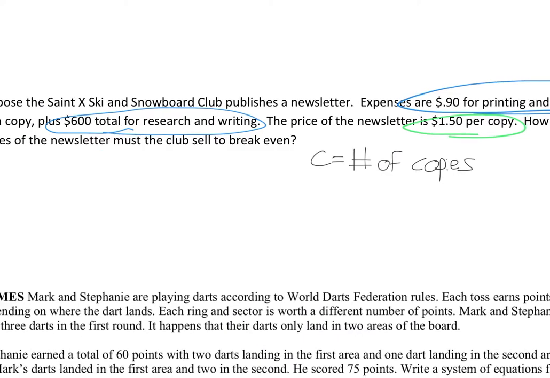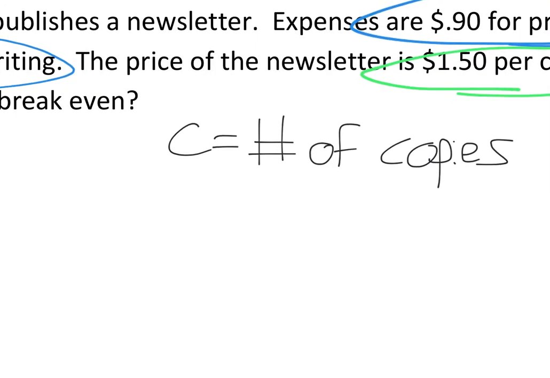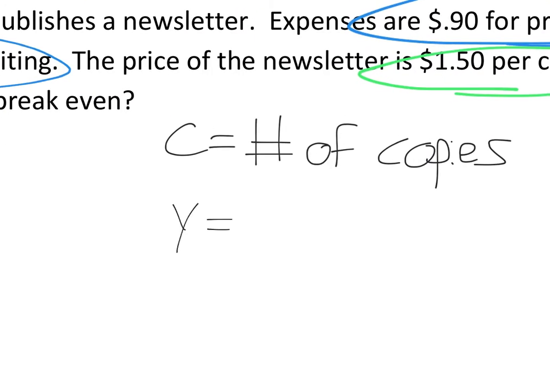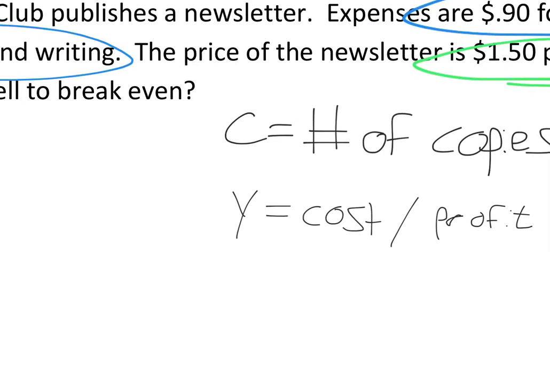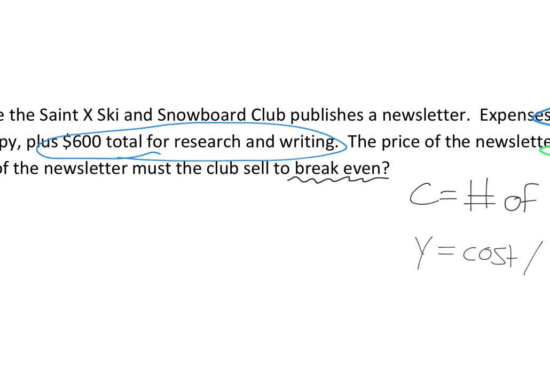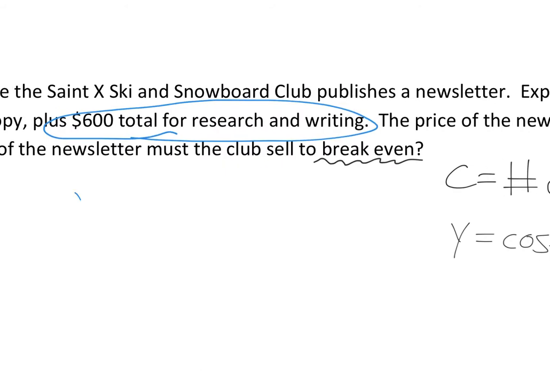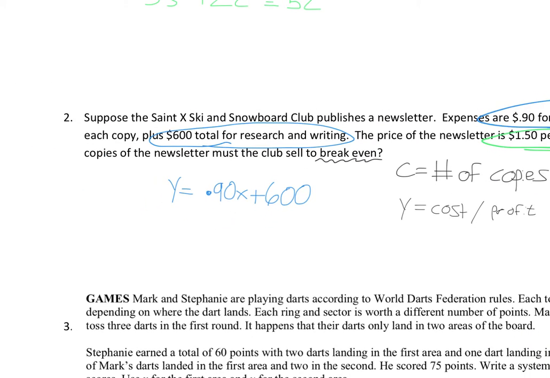Now, Y in this case is kind of just like a placeholder. So Y is kind of doing two things. Y is representing cost slash profit. It's kind of doing both, and we're going to set them equal to figure out when they break even. So for the blue, it says it's 90 cents per copy plus a $600 setup fee.